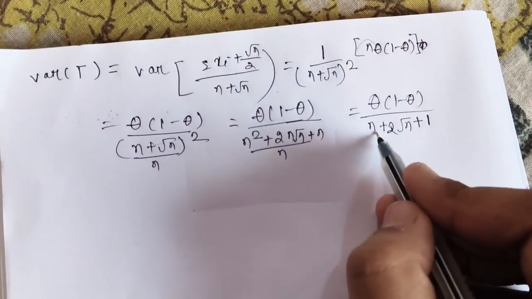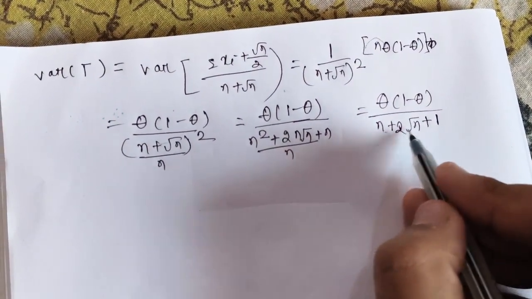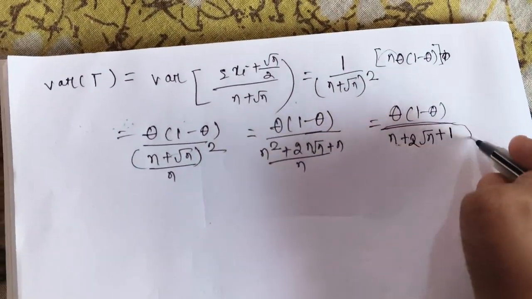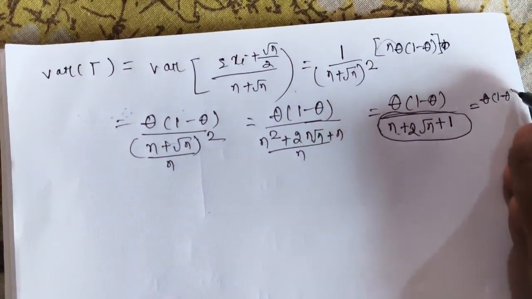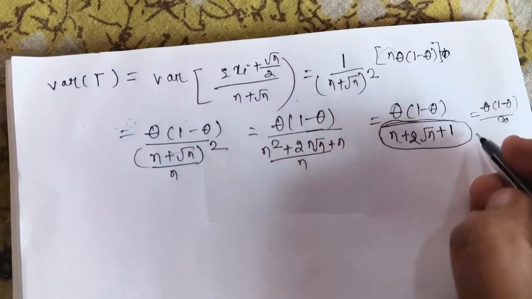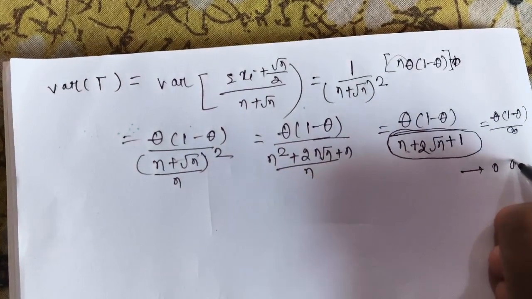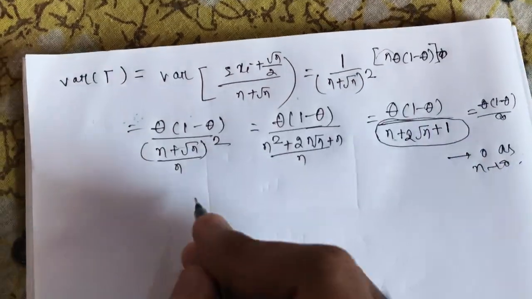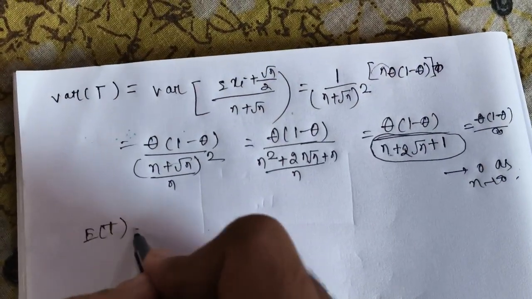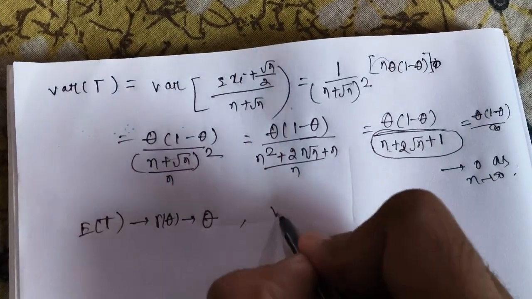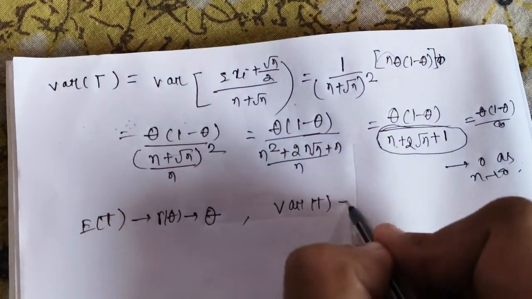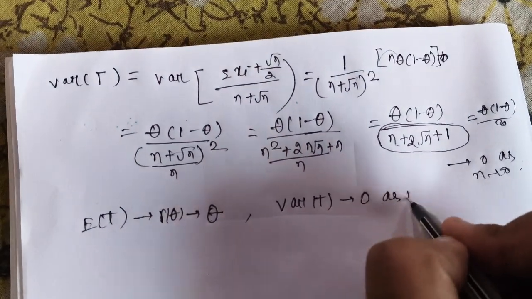Now as n tends to infinity, this whole denominator will be infinite, so theta into 1 minus theta divided by infinity tends to 0 as n tends to infinity. So our expected value of T tends to theta, and the variance of T tends to 0 as n tends to infinity.